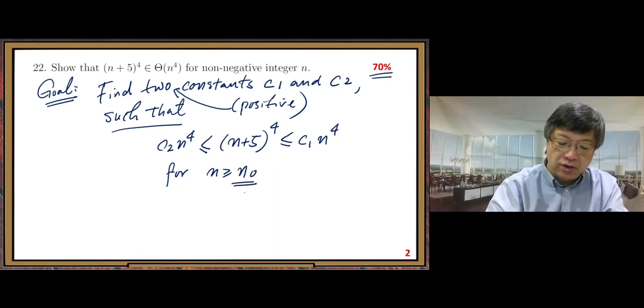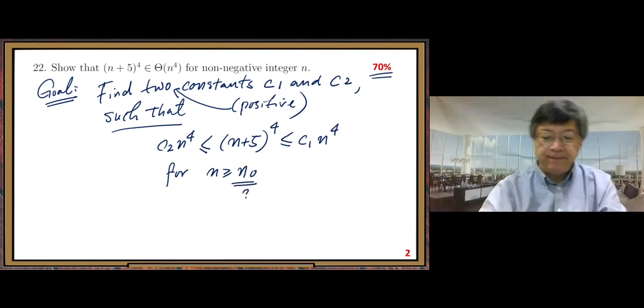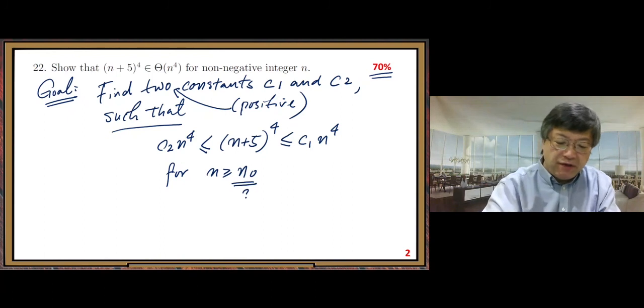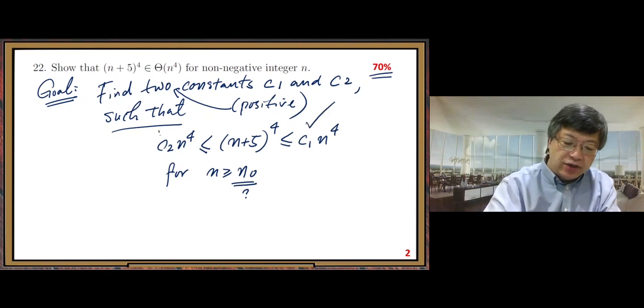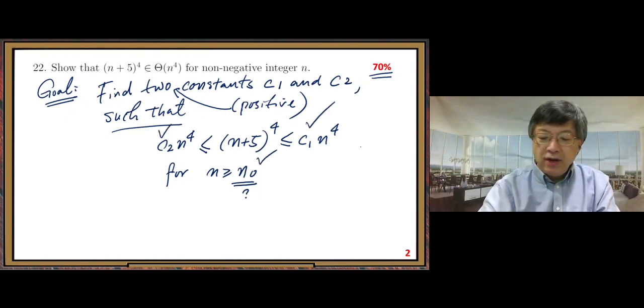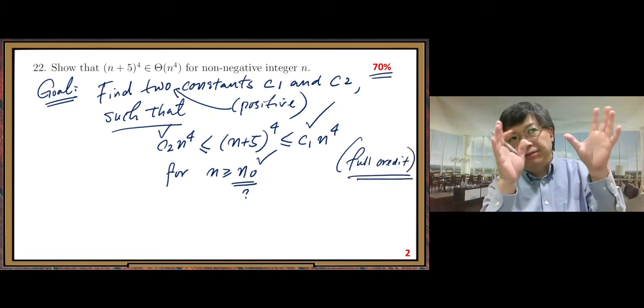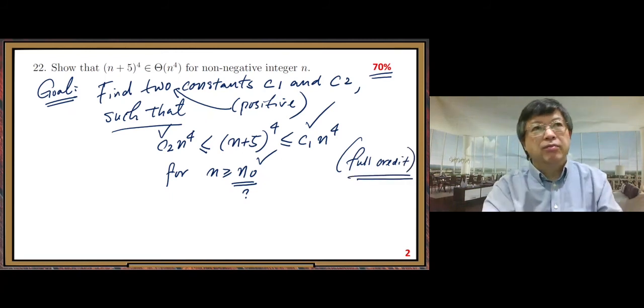You also need to determine this n0. If you can find C1, C2, n0, then you get full credit. Otherwise, I deduct some points.